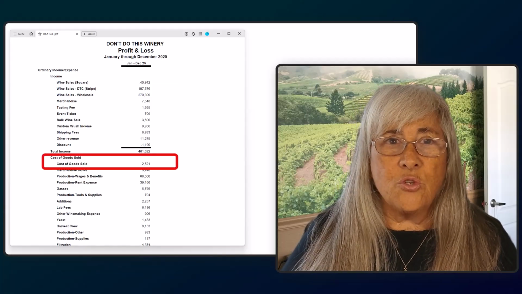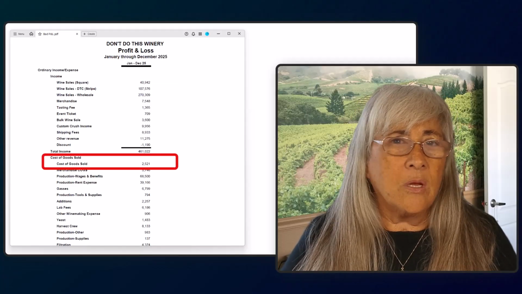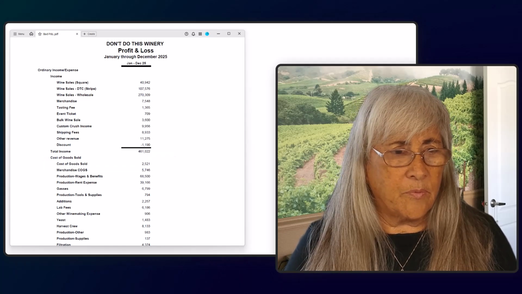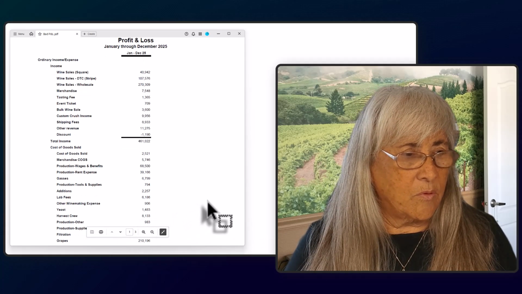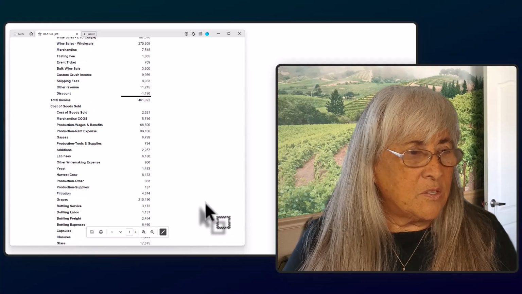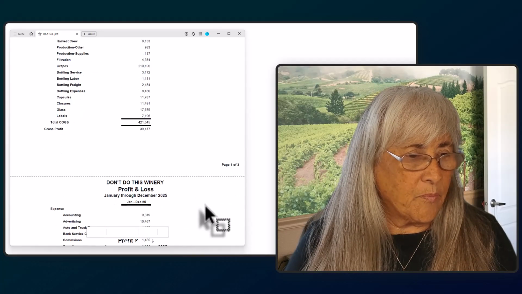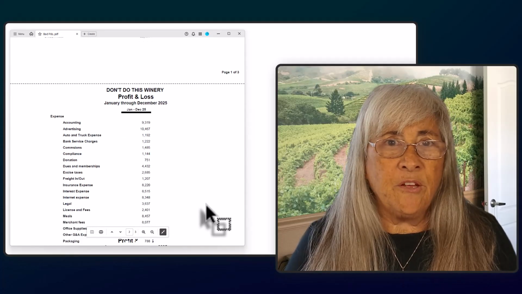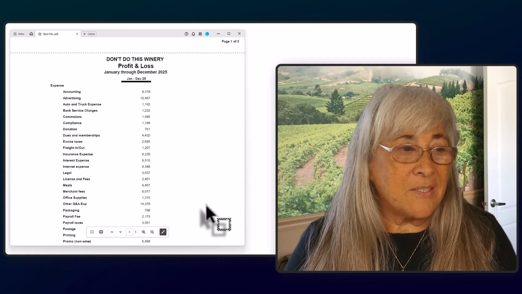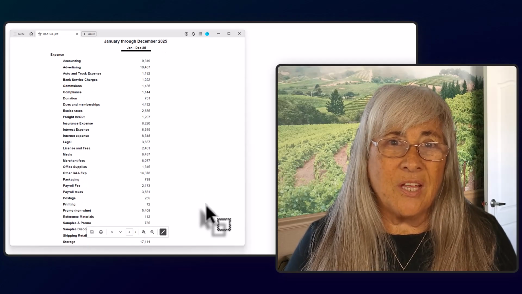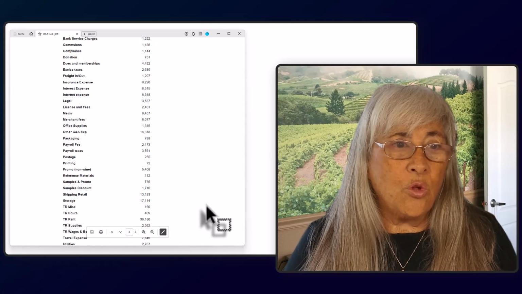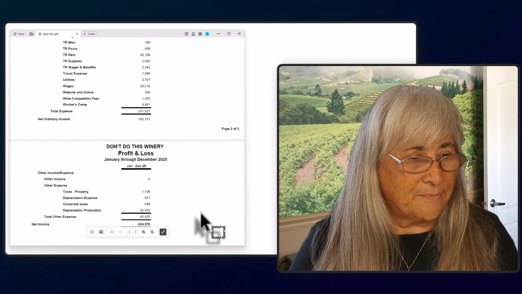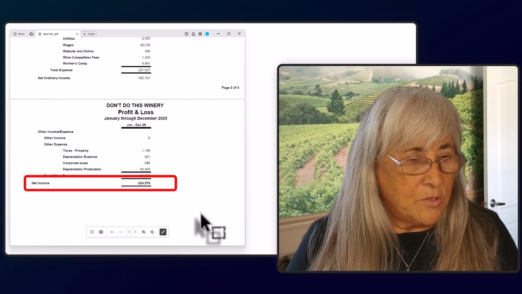The cost of goods sold accounts include the winemaking costs, but very little is actually showing for the cost of goods sold. And in the expenses section, the accounts aren't grouped in any meaningful way. So this section is technically correct, but it doesn't tell you much. You have to scroll to the bottom of page 3 to see the bottom line.